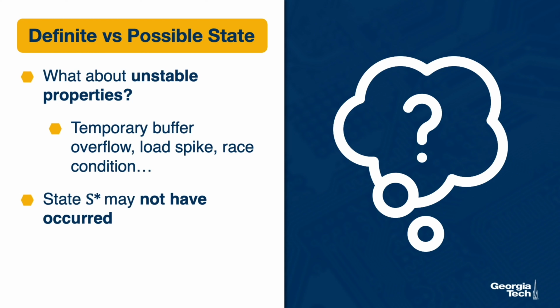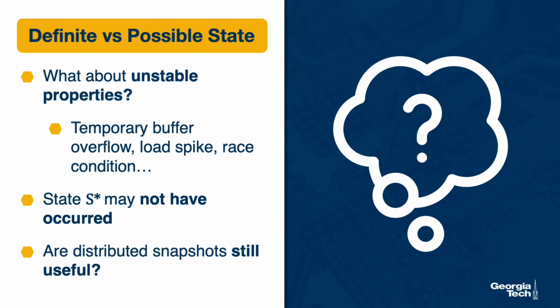We know that this is a state that may not have occurred for real. And then we're looking at some property, and that property we know is transient, may have existed for a period of time and then disappeared. Knowing whether or not that property is true in this state S star, this hypothetical, this possible state S star, is that actually useful?